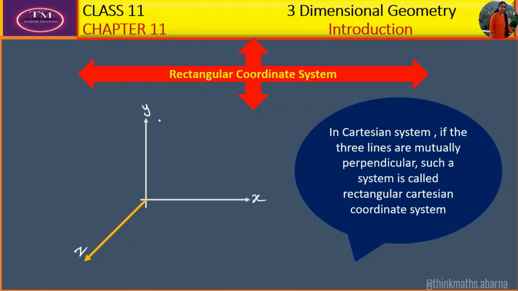These three lines will be mutually perpendicular. As it is the height, it cannot be shown in the plain figure. This y and z will be perpendicular, y and x will be perpendicular, x and z will be perpendicular.